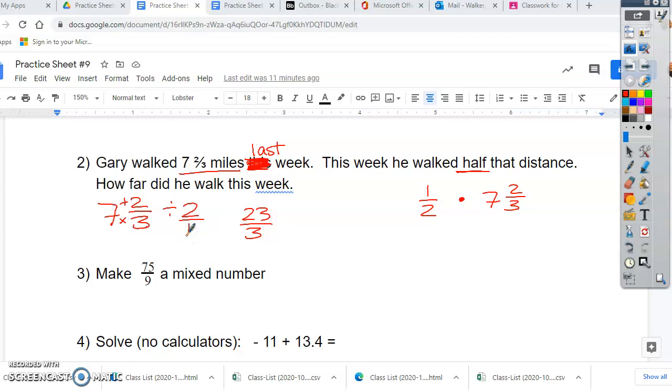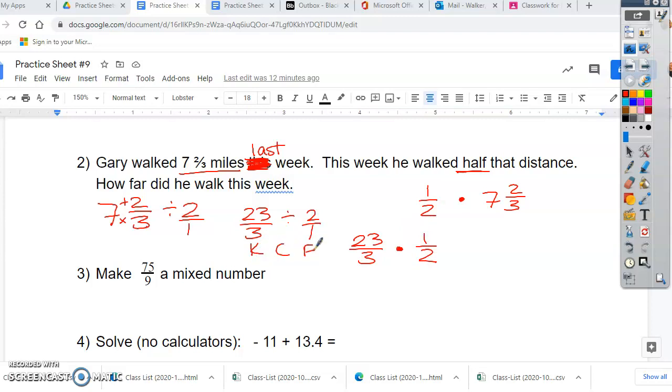Okay. So now I'm going to do keep, change, flip, or find the reciprocal.